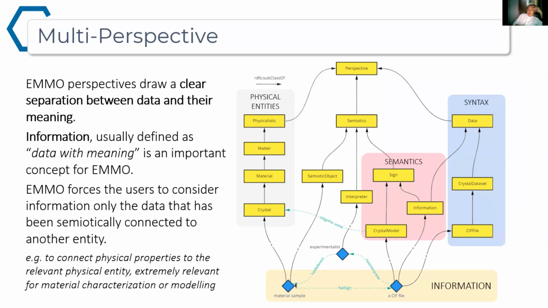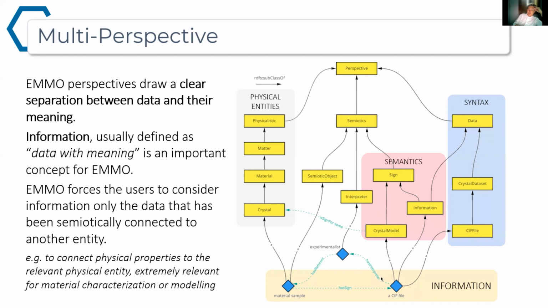You declare that you have a sample that is a crystal in your lab, and then you can say that an experimentalist looked at the material sample and then provided a CIF file for it. This CIF file is a crystal model, so it is a sign for the material, and it is expressed syntactically using a CIF file.